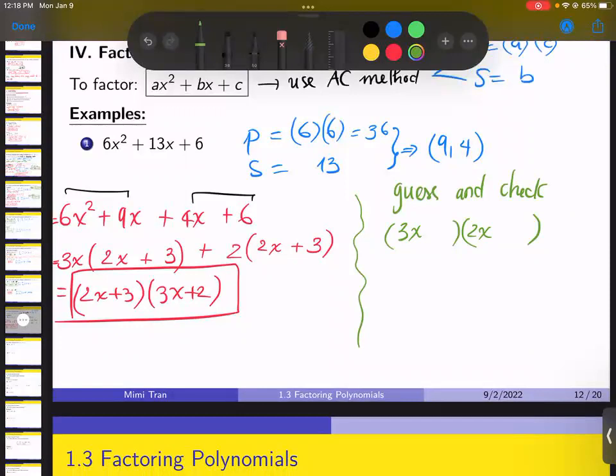Let's try it out. Let's call it guess and check for a reason. Don't write this down. I'm gonna, again, pick something close in number. But say I don't know that. I'm gonna pick 1 and 6. Why is it bad? 1 times 6 is 6, but why is it bad? Don't write this down.